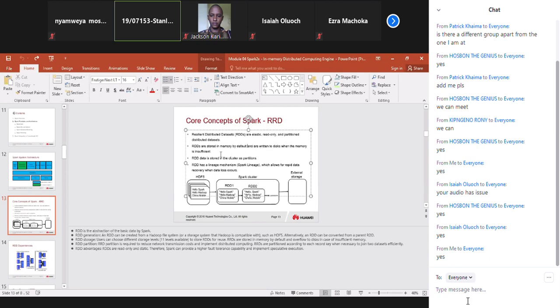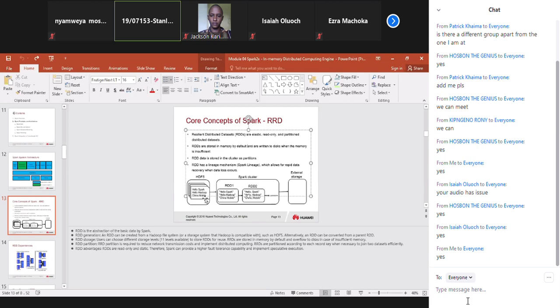Now, RDDs are stored in memory by default and are written to disk when the memory is insufficient. Again, an RDD is stored in the cluster as partitions, and an RDD has a lineage mechanism which allows for rapid data recovery when data loss occurs.